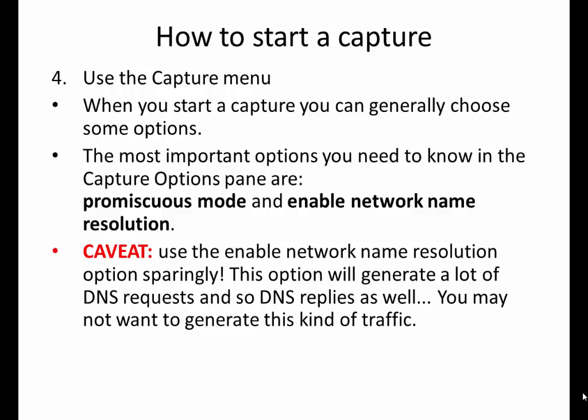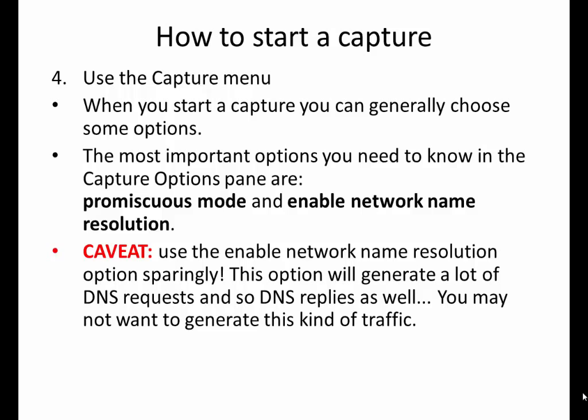This can generate a lot of traffic towards your DNS, and the more traffic you have in your capture, the more you need to filter out to focus on your problem and not on the traffic that you don't really want.